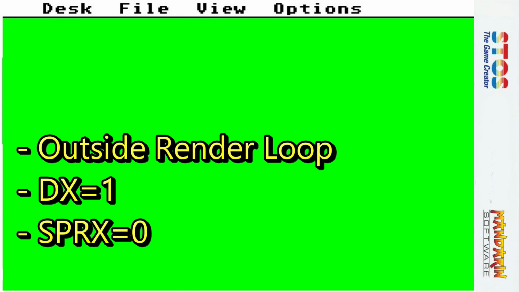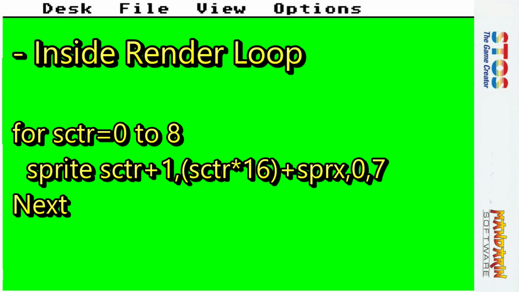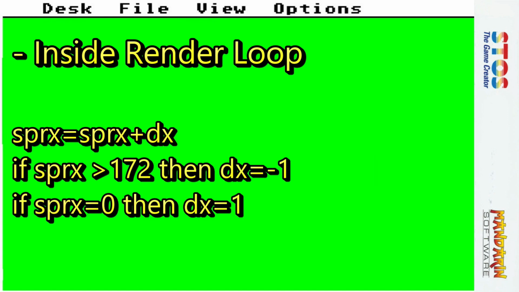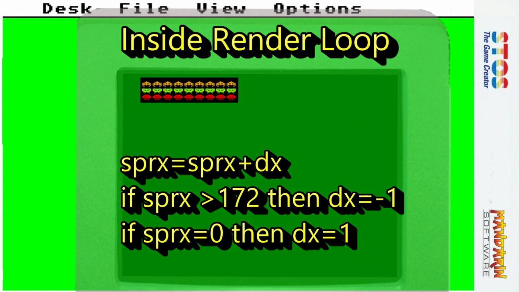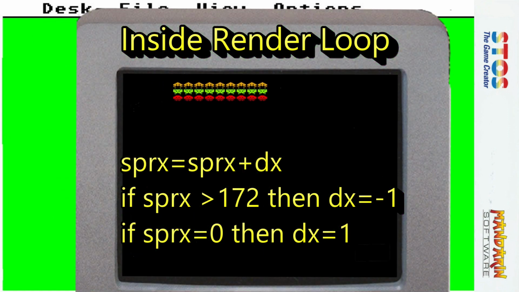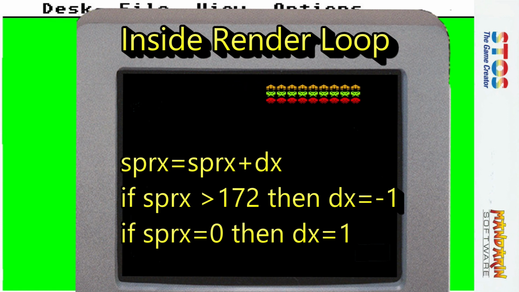Inside the render loop, we have some changes. This code is used to loop through all 9 sprites and update their respective x positions 16 pixels apart. On each render frame, we increase sprx by the dx value and check to see if it's greater than 172, meaning the rightmost sprite is at the right edge of the screen.